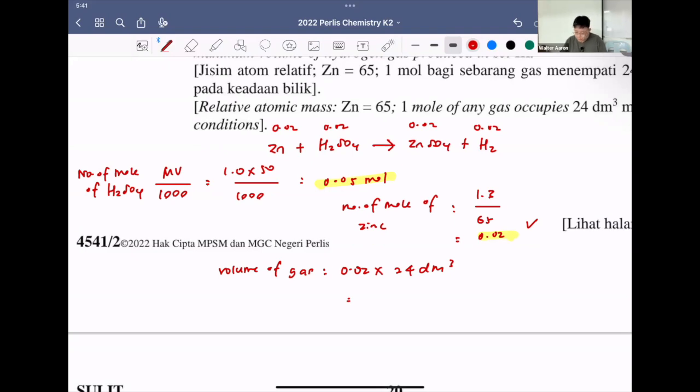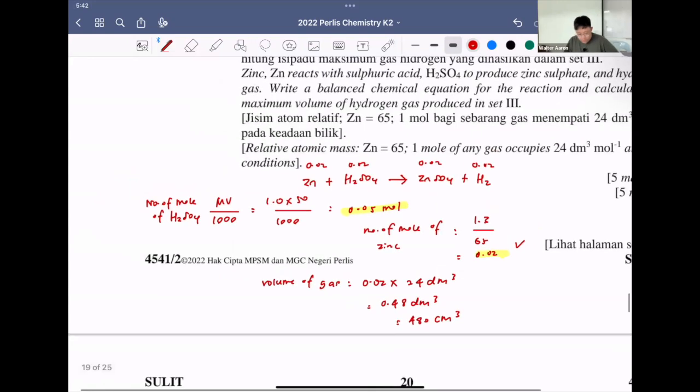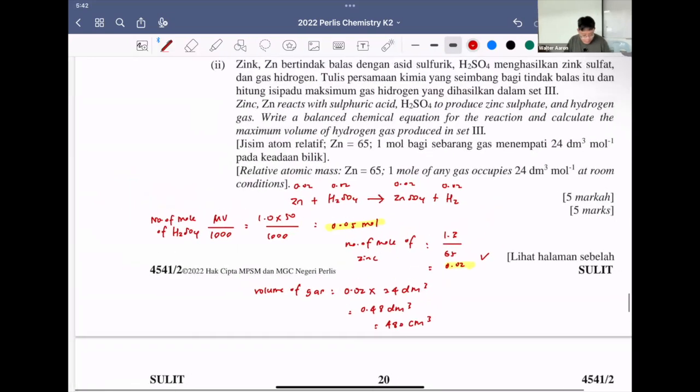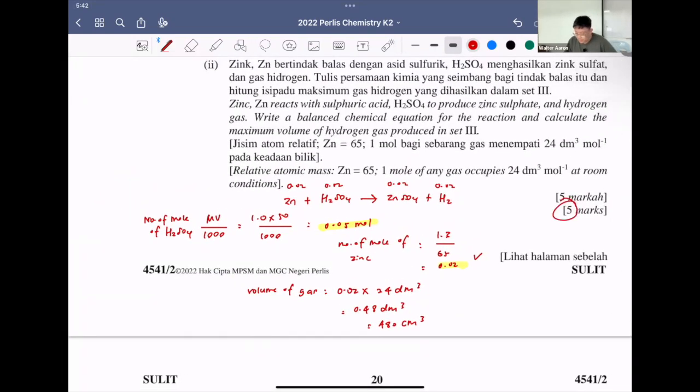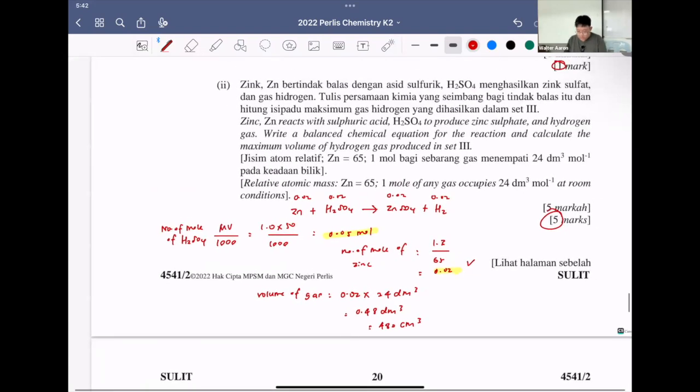And the answer is 0.48 decimeter cube, or should I say 480 cm cube. So both are correct, technically. So once you get everything correct, it should give you a total of 5 marks in this question itself. Okay, all right.